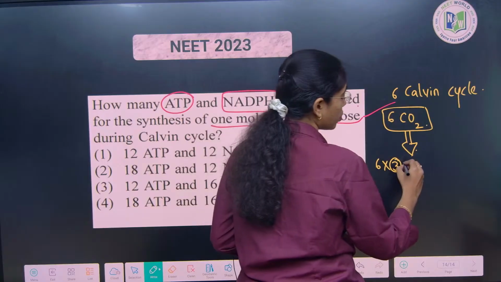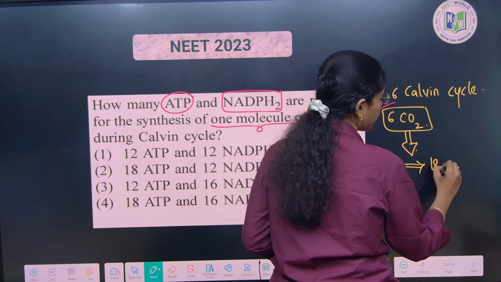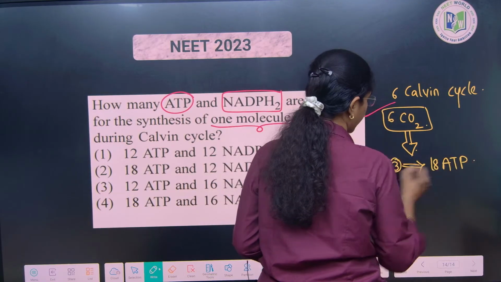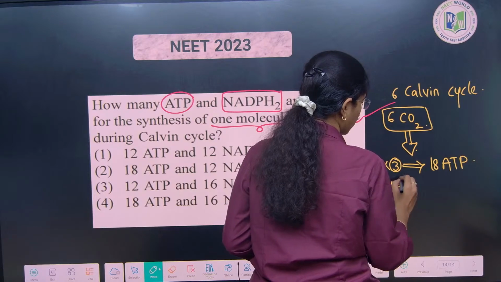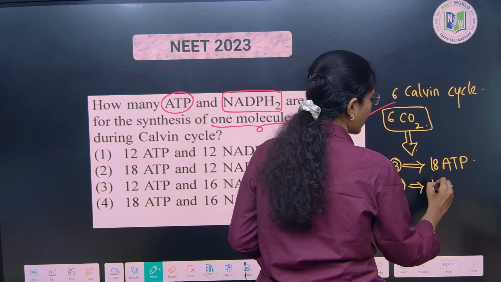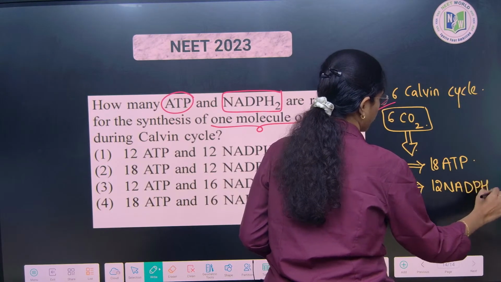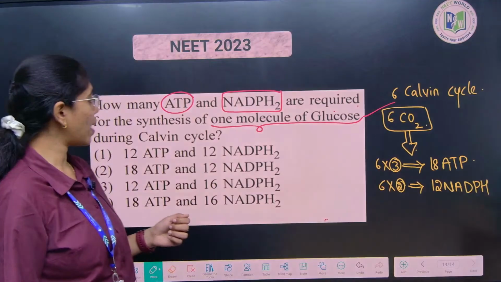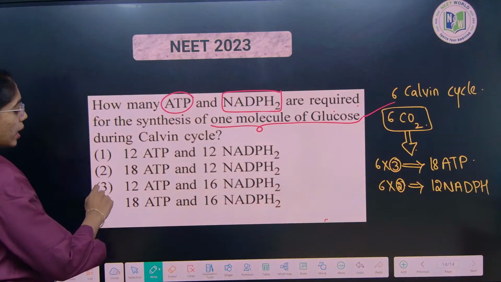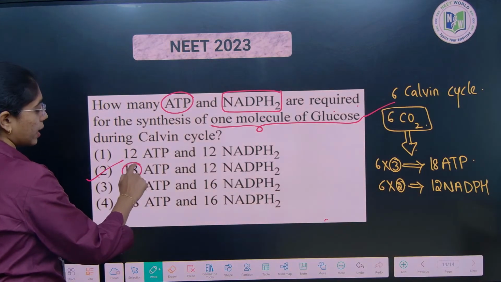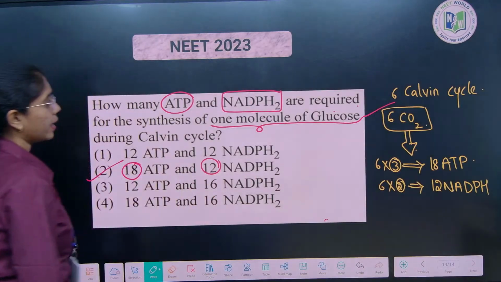So, 6 into 3, that is 18 ATP, and 6 into 2, which is 12 NADPH. Okay, 6 into 2, which is 12 NADPH2. So, here the right answer will be 18 ATP and 12 NADPH2.